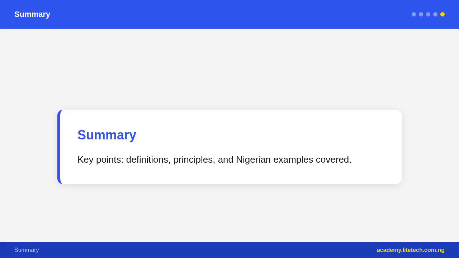MPS equals change in S divided by change in Y, APS equals S divided by Y, MPC plus MPS equals 1. APC plus APS equals 1. The savings function is S equals minus A plus 1 minus MPC times Y. The break-even income is where consumption equals income and savings are 0, Y equals A divided by MPS.